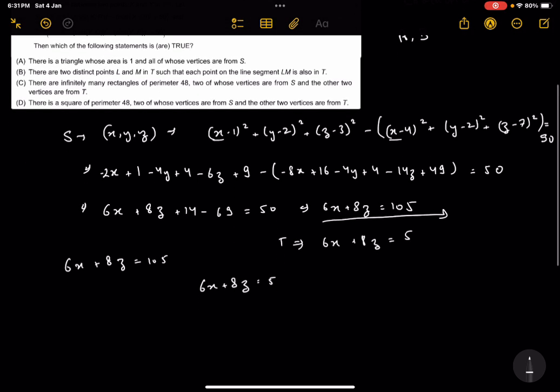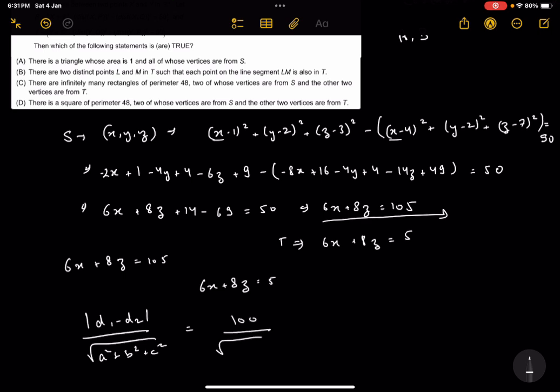The distance between the planes is mod d1 minus d2 upon under root a square plus b square, which is 100 upon under root 100, which is equal to 10. So the distance between the planes is 10. So these are the two planes and this is 10.